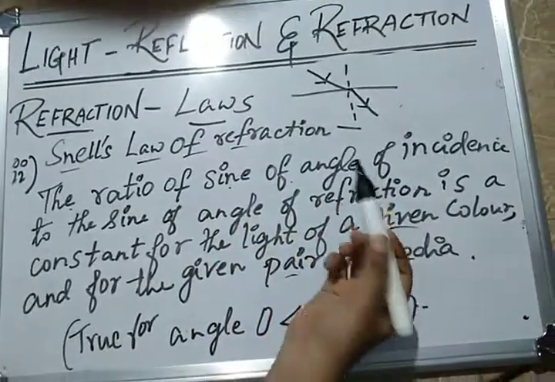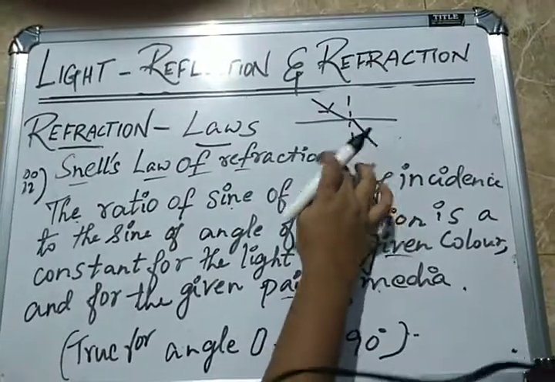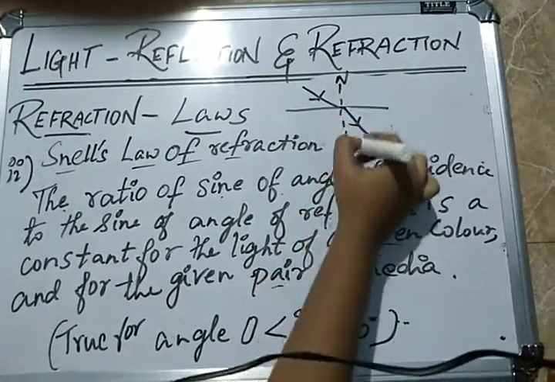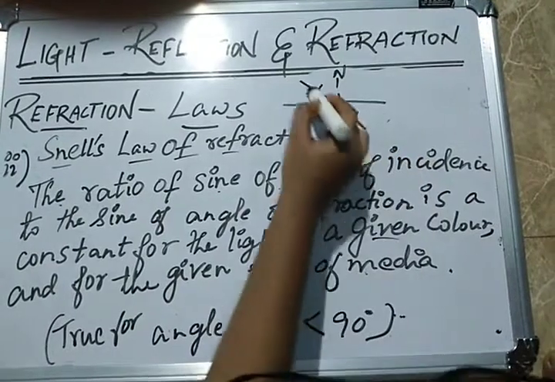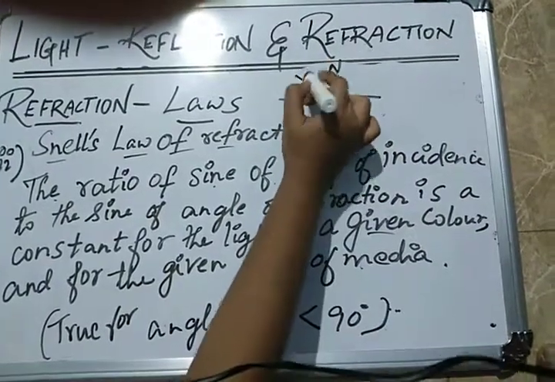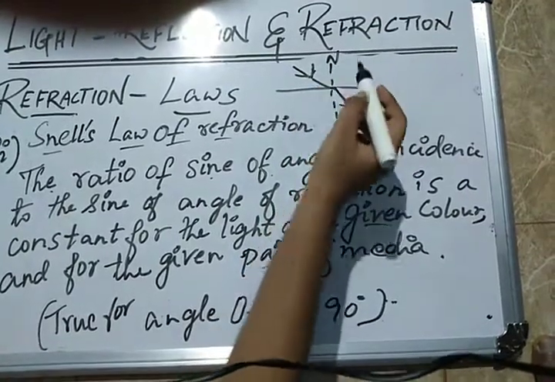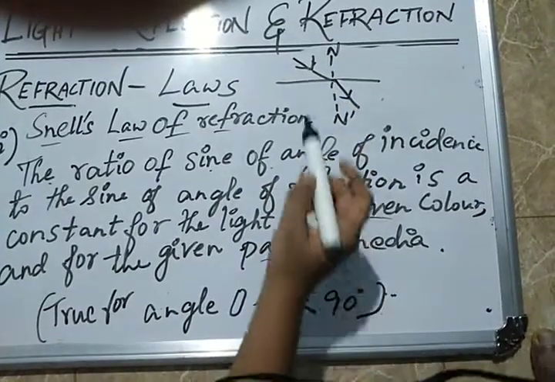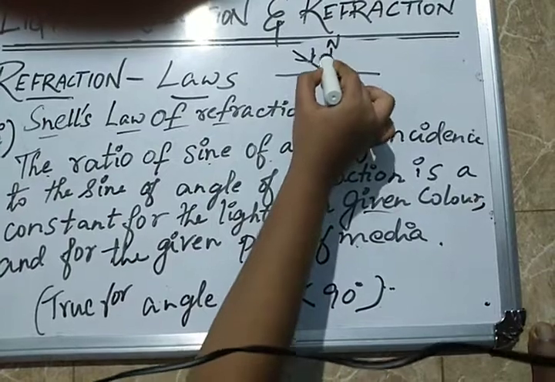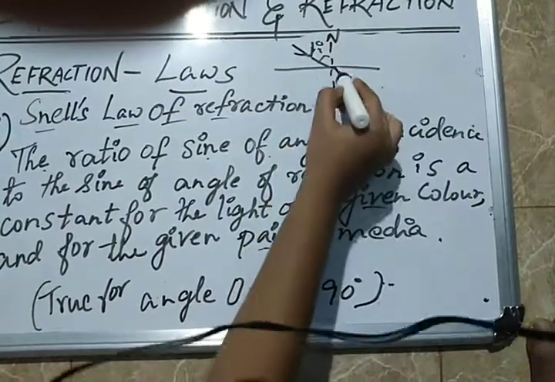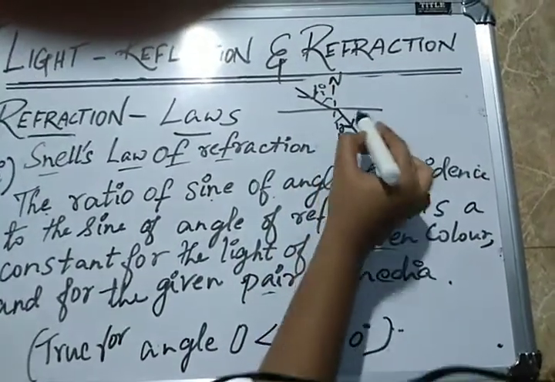angle of incidence to sine of angle of refraction. Suppose this is N dash, your normal. This is the incident ray and this is the refracted ray, and this is the angle of incidence and this is the angle of refraction.